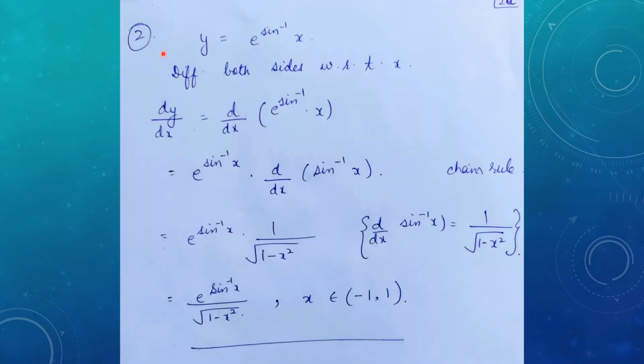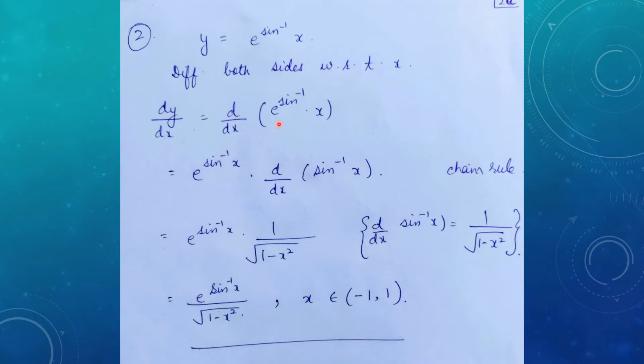We come to the second question, y is equal to e^(sin⁻¹x). Differentiating both sides with respect to x, we get dy/dx is equal to d/dx e^(sin⁻¹x). As we know, derivative of e^x is e^x as it is.